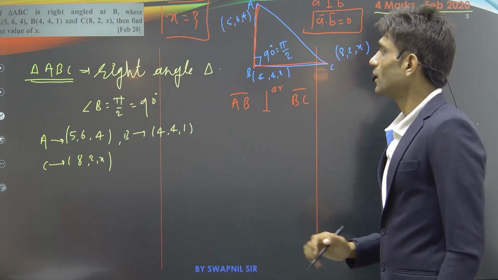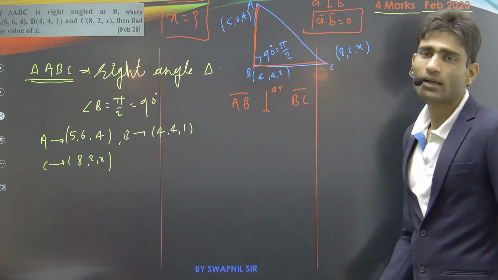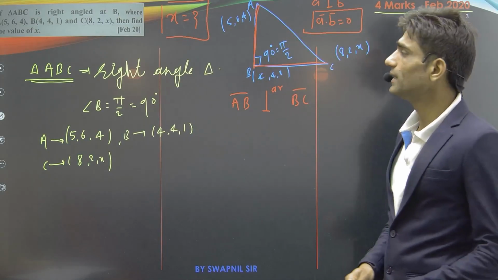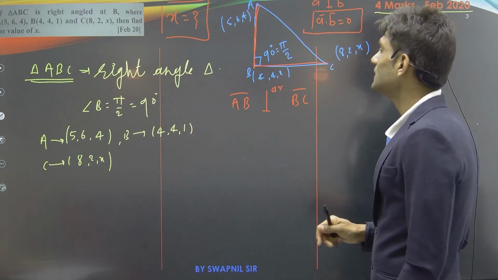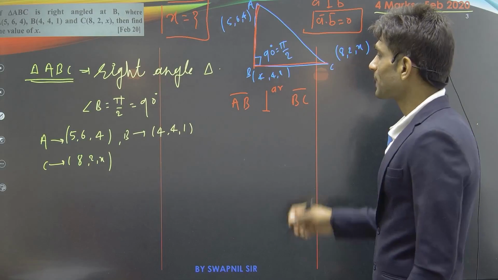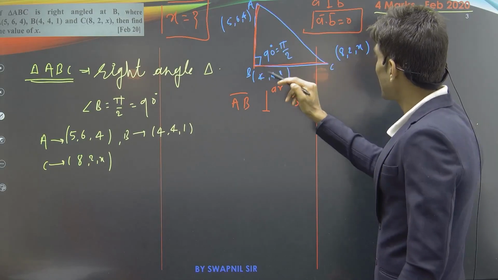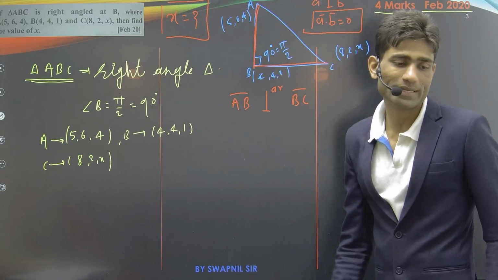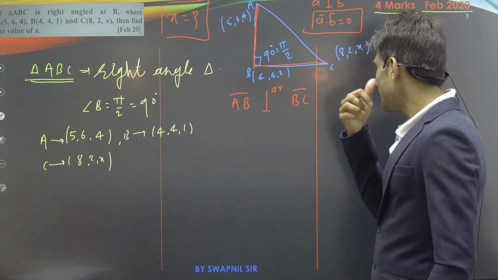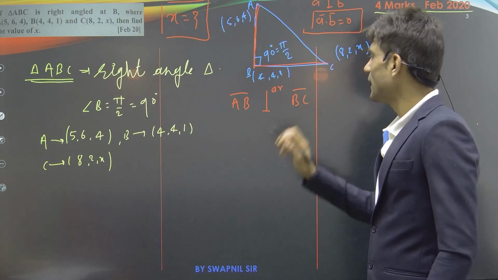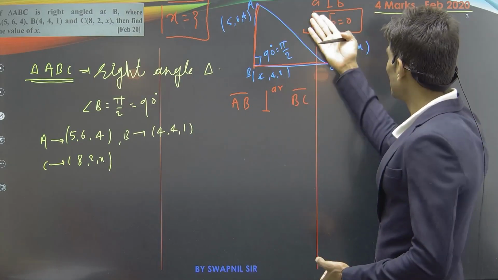In our right angle triangle, if one angle is 90 degrees, the corresponding sides forming it are perpendicular.